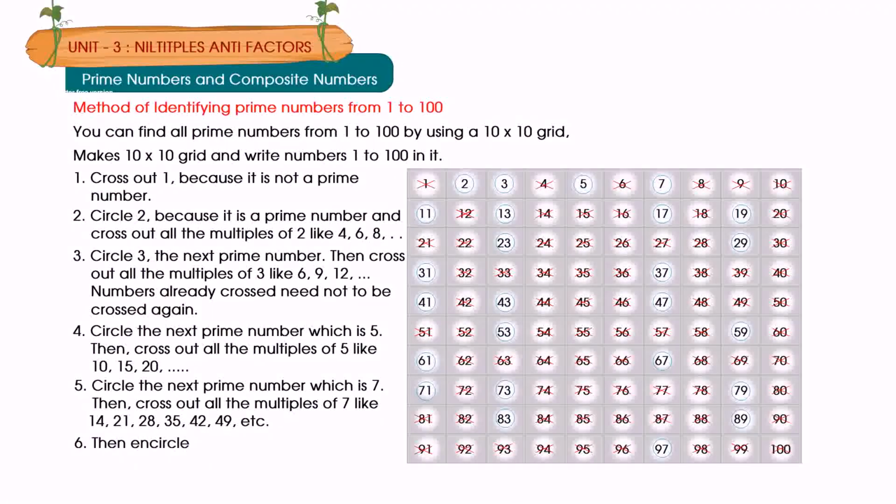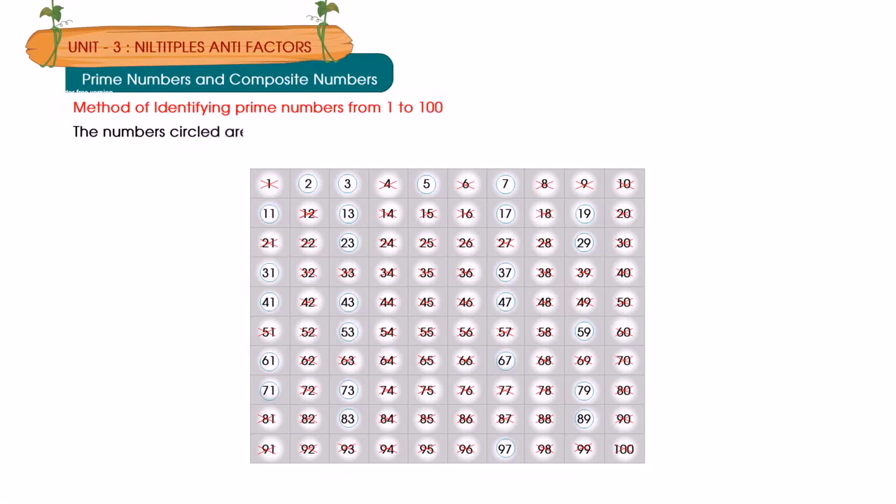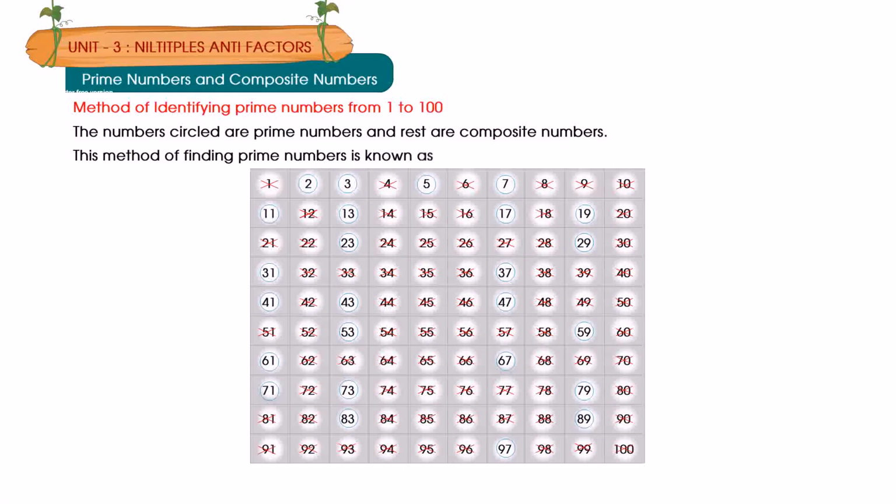Then encircle each of the remaining numbers. The numbers circled are prime numbers and the rest are composite numbers. This method of finding prime numbers is known as the sieve of Eratosthenes.